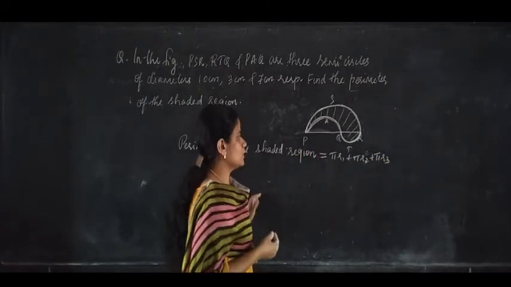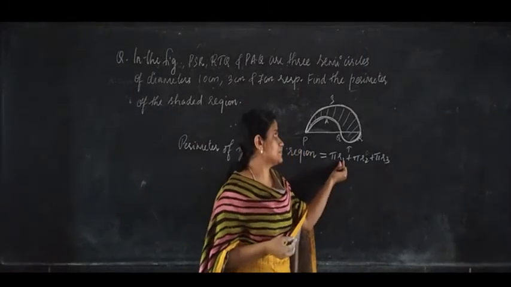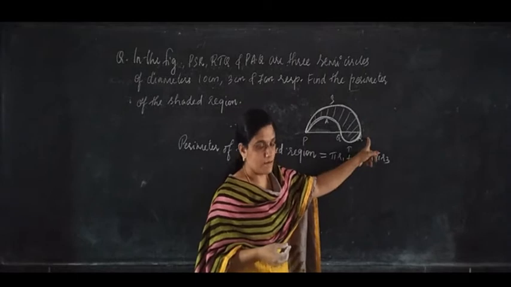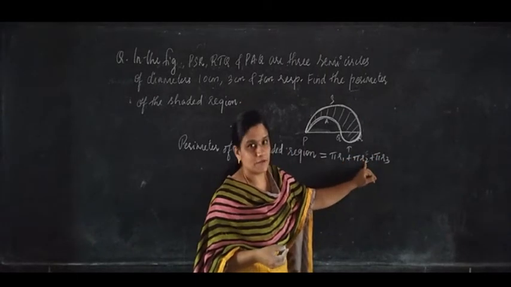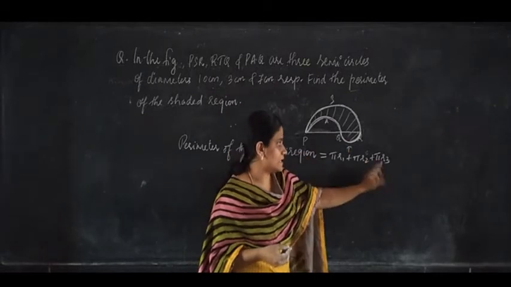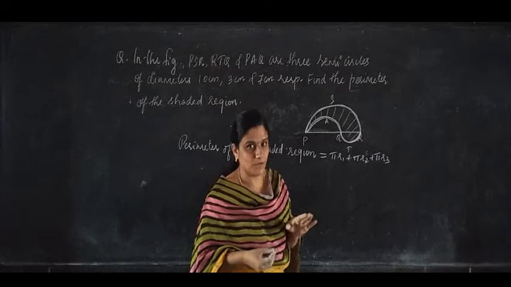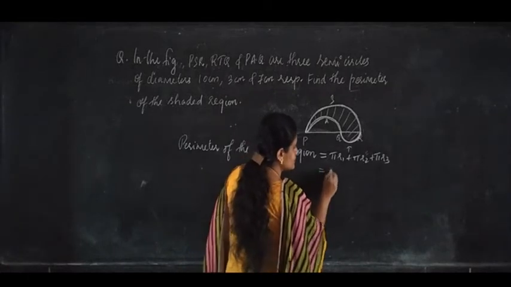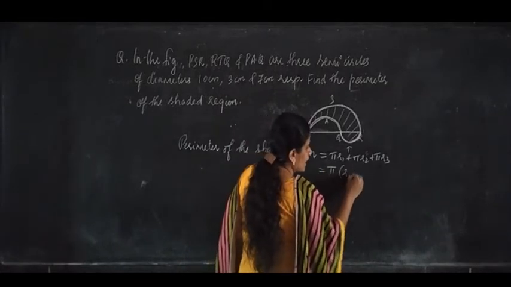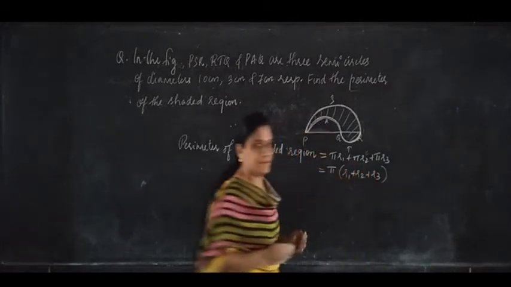Okay children. So here R1 is the radius of the semicircle PSR, R2 is the radius of the semicircle RTQ, and R3 is the radius of the semicircle PAQ. You can mention that. Now here pi is common, so we can take pi outside: pi into R1 plus R2 plus R3.